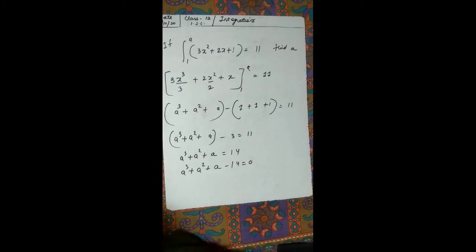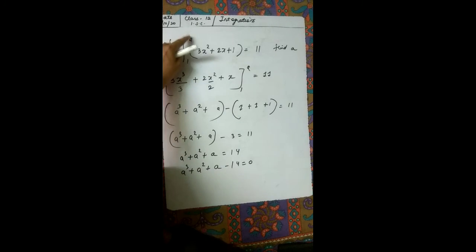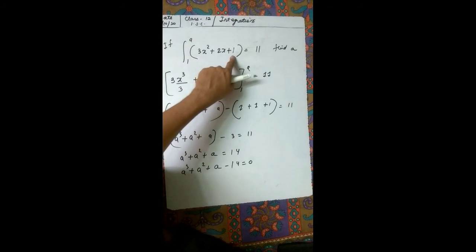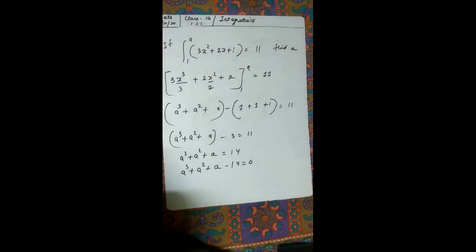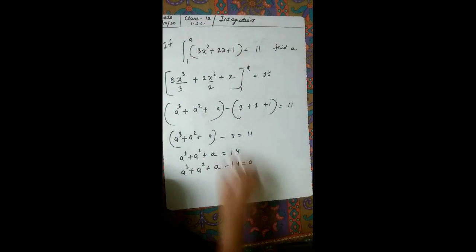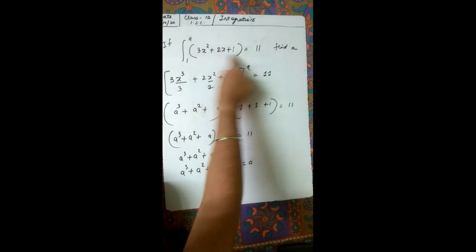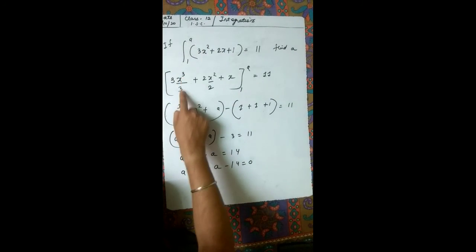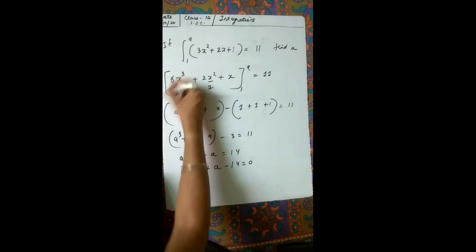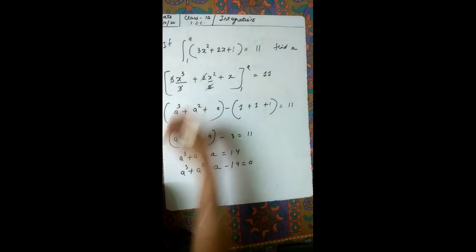Say for example, if we are taking this question, integration of 1 to a of 3x square plus 2x plus 1 dx is equal to 11 given. We need to find the value of a. So how will we find the value of a from here? First we need to integrate this. 3x square, 3 as it is. Integration of x square will be x cube upon 3, so 3 and 3 cancel. 2x, so 2x square upon 2, 2 and 2 cancel.